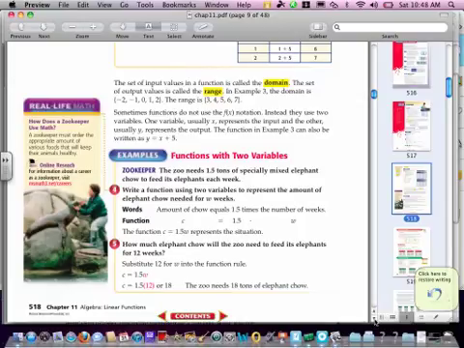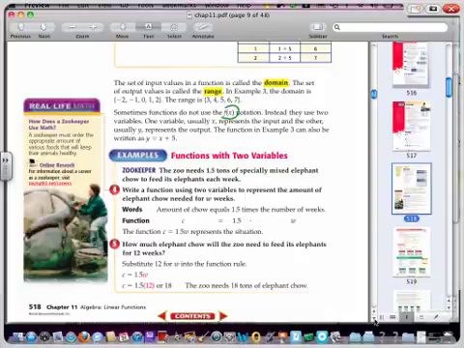Now, we don't always use f of x. A lot of times we just use another variable, and typically that variable is going to be y. So we could write this function as f of x equals x plus 5, or we could say y equals x plus 5.